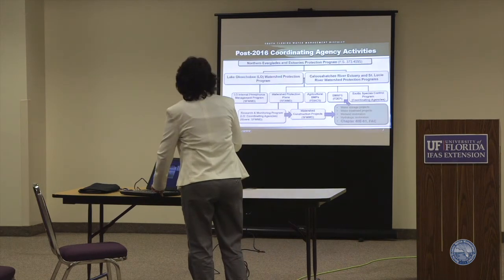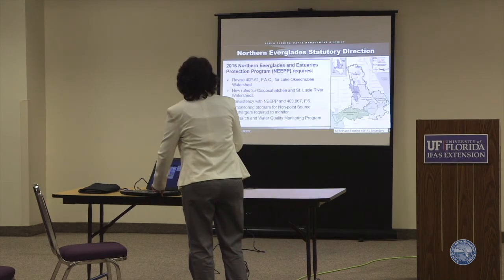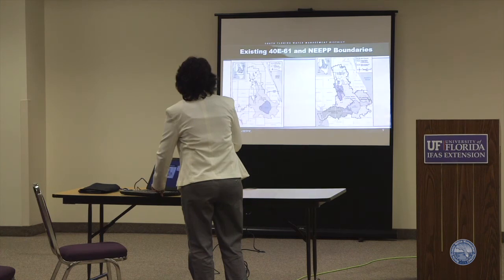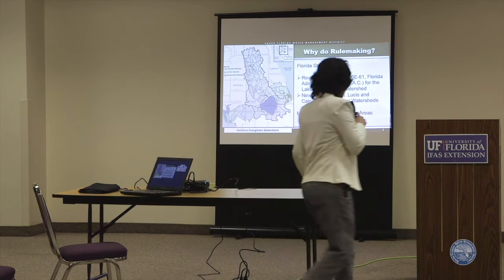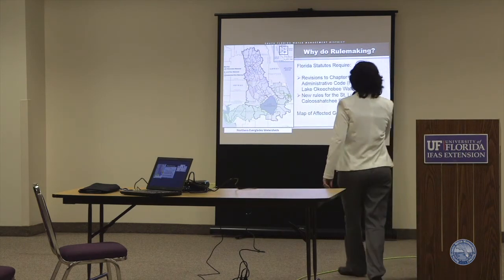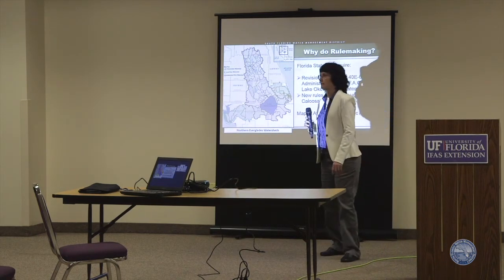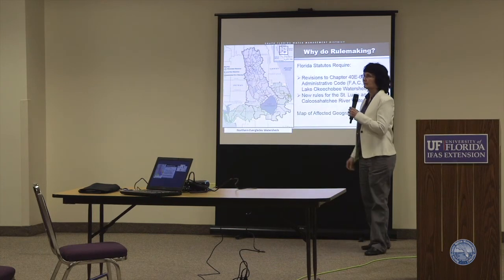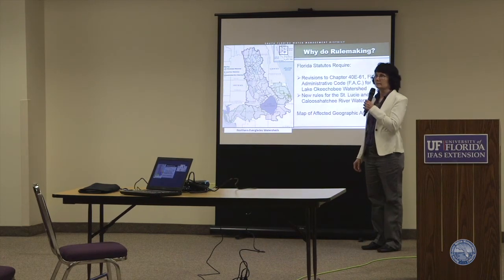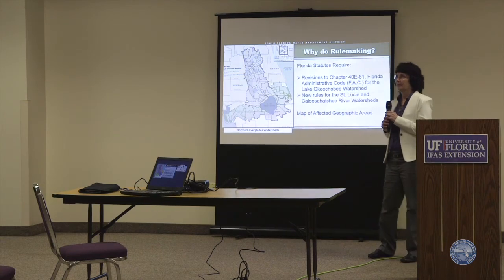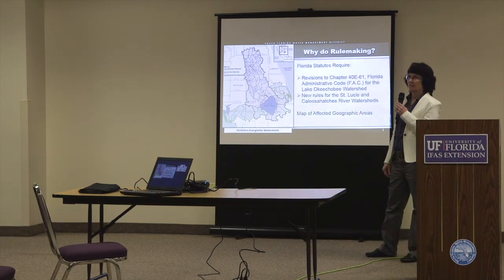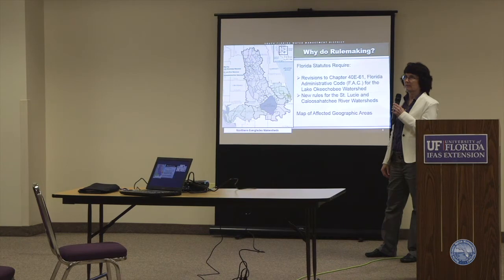It's not going to happen overnight. It's increasing, and we need to at least get into the decreasing state, and it's not expected to happen quickly. This is a long-term process. If you look at the DEP Basin Management Action Plan, it's very clear in there that it's meant to be a long-term process.